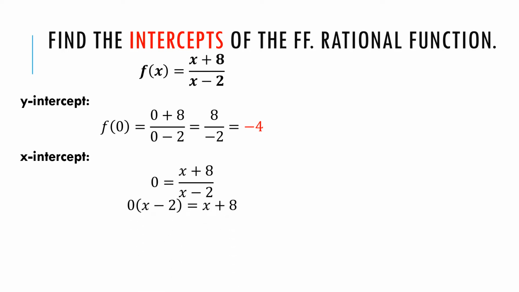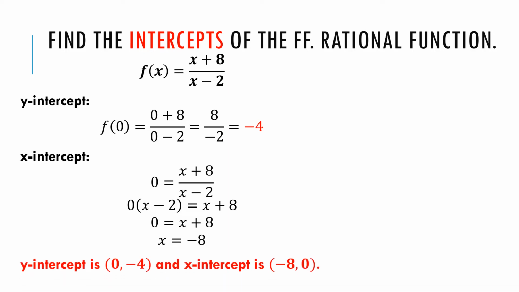Okay, ang ginawa ko, nag-cross multiply ako. So, magiging 0 times the quantity x minus 2 is equal to x plus 8. Okay, so sa left side, 0 times the quantity x minus 2, the answer is 0. Equals x plus 8. Then solve for the value of x, magiging x equals negative 8.